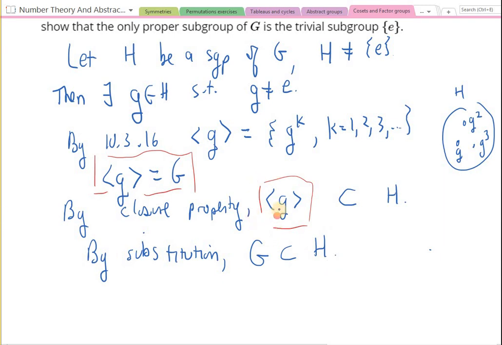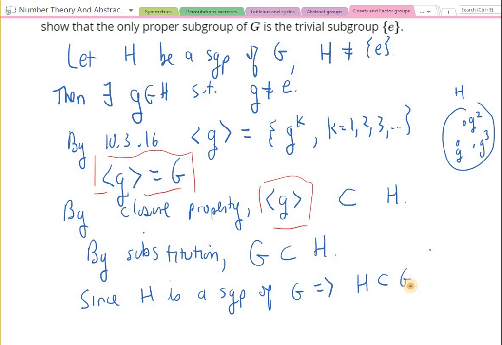Okay. Now, originally, you saw that H is a subgroup of big G, right? So what does that tell me? If H is a subgroup, then this is true. So what do these two things tell me?